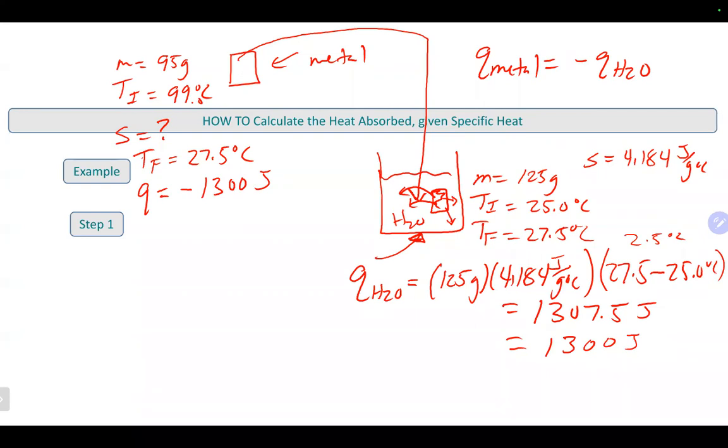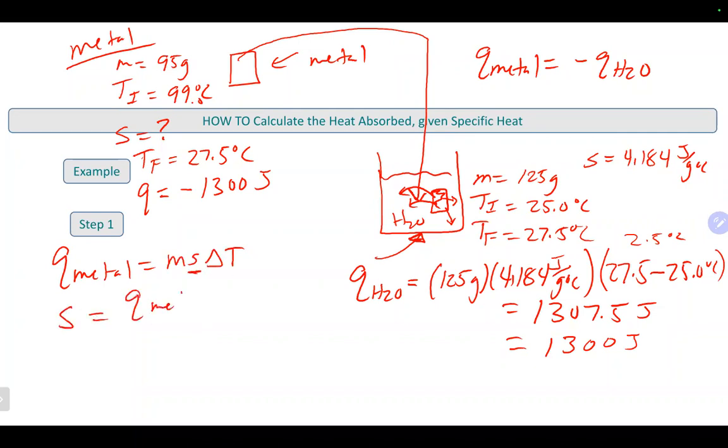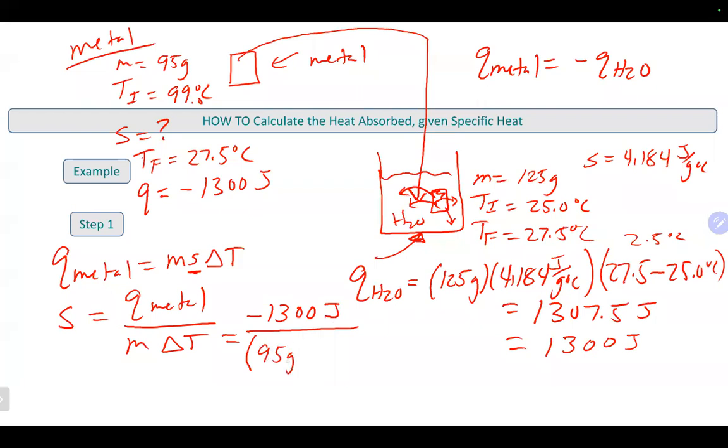So now when we look at our metal over here and all the information from our metal, we now have everything that we need to go back into our specific heat equation and really solve for S here. And if we solve for S, it would be Q of the metal divided by M delta T. Putting in our numbers here, our Q of the metal again would be our negative 1,300 joules divided by the mass of the metal, which was 95 grams.